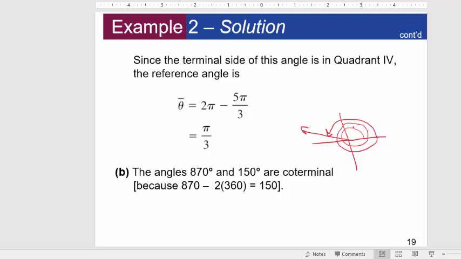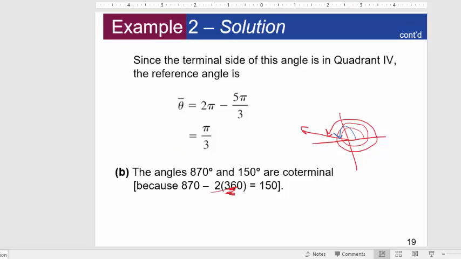You've wrapped 2 full times around the circle and then almost another whole half time. So what you had to do is subtract out that 720 degrees and you end up with 150 degrees, right? So you're basically just turning it into that angle there, because you're saying that it's coterminal with 150 degrees.